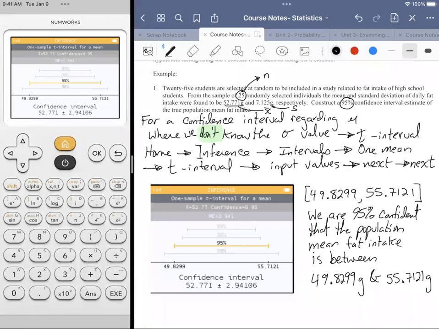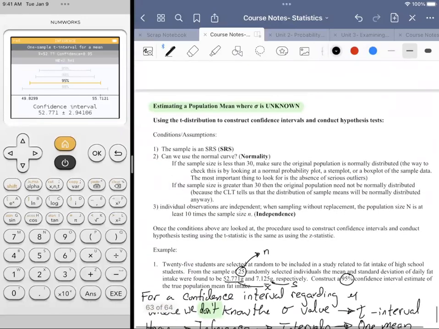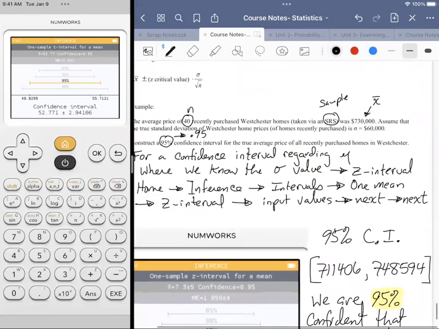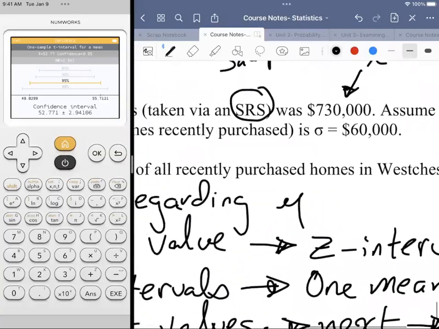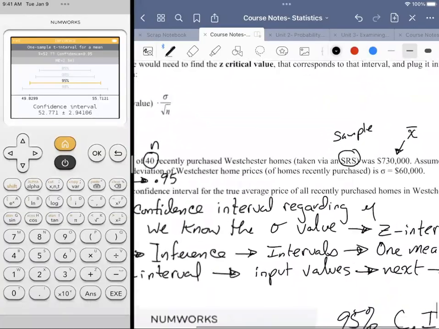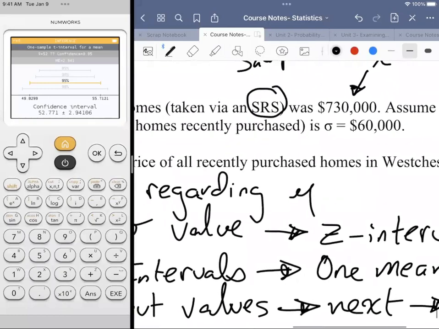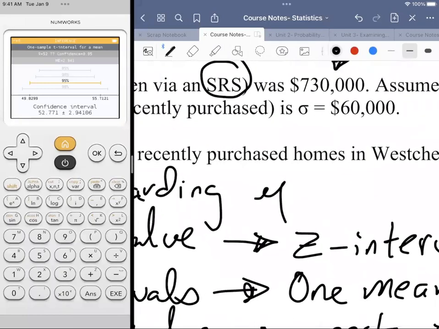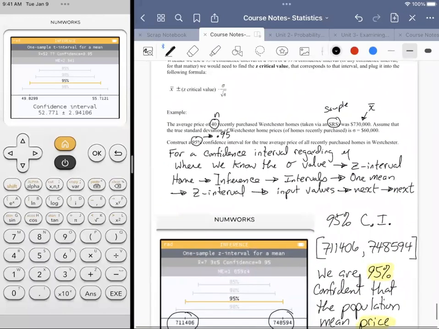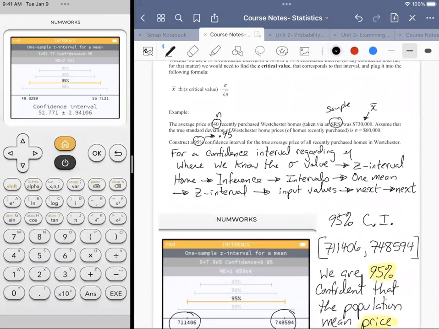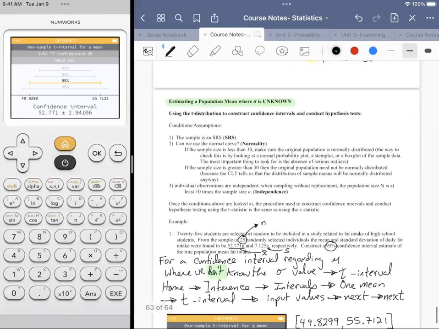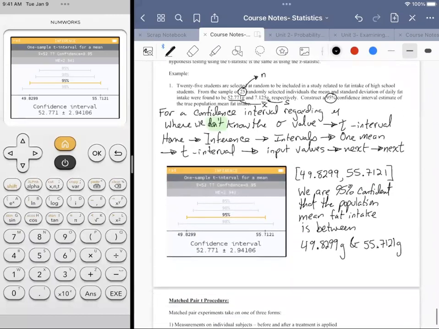It's almost like it's a violation of the way people speak. Like, assume that the true standard deviation of Westchester home prices of homes recently purchased is sigma equals 60,000. Nobody speaks that way. It might say the population standard deviation is known to be 60,000, but any other instance where they talk about standard deviation is most likely related to the sample.